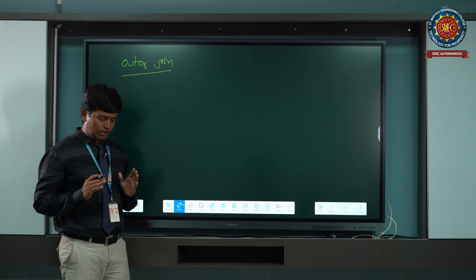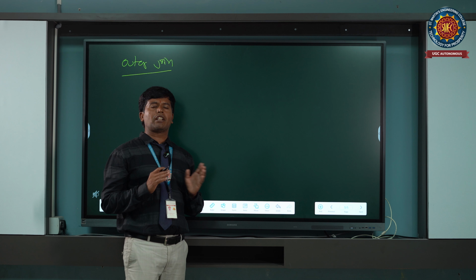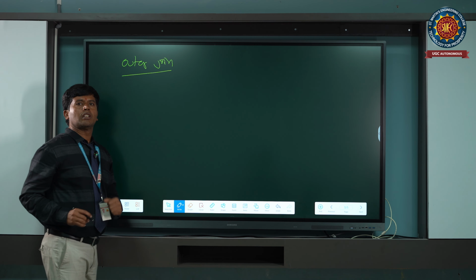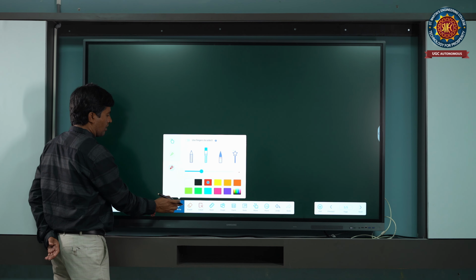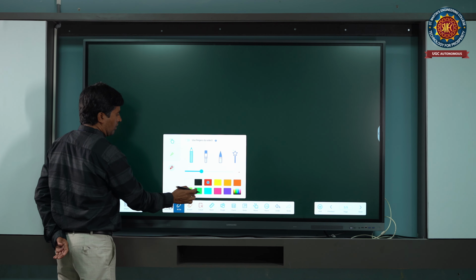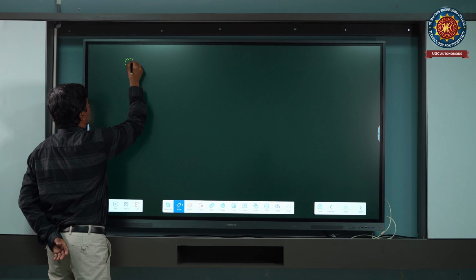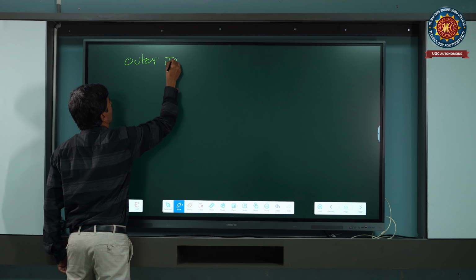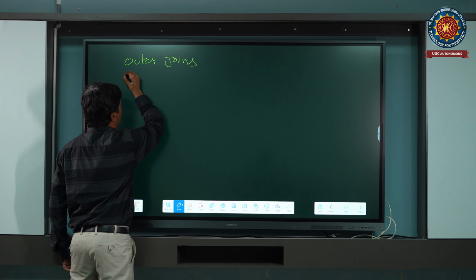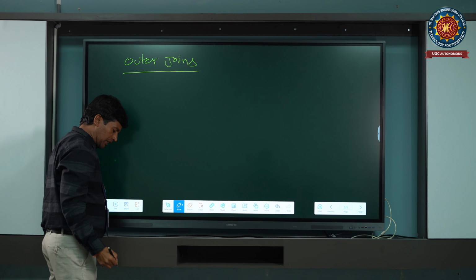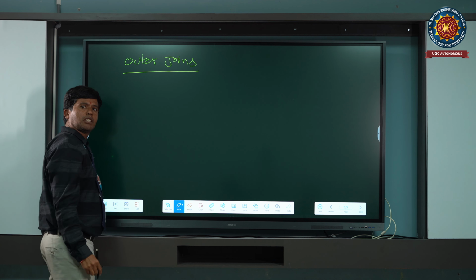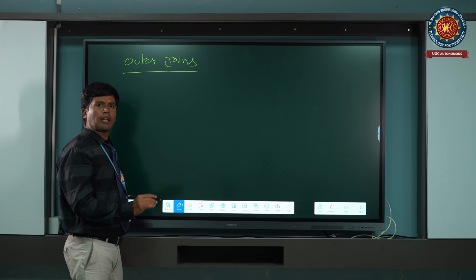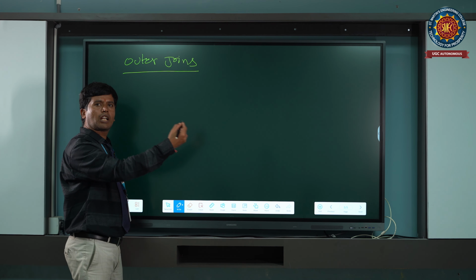I am not ready to miss any data from either side of the table or both tables. Based on that, we use outer joins. While using the equijoin we lose the data from either the left side table or the right side table.